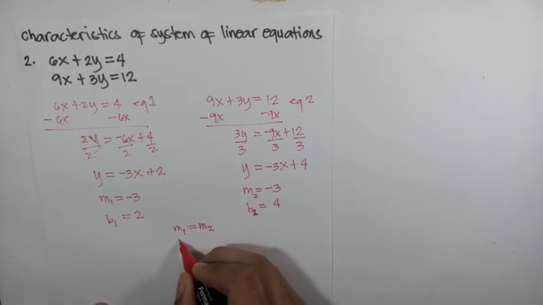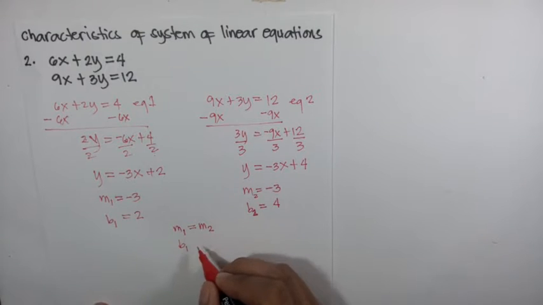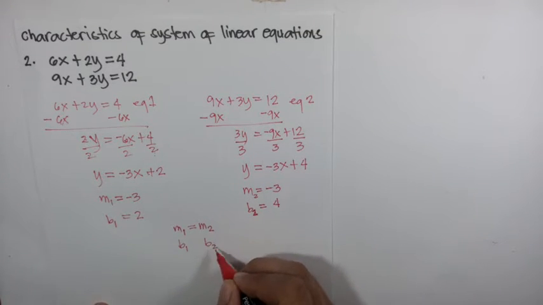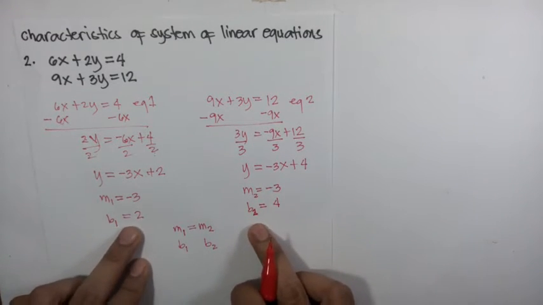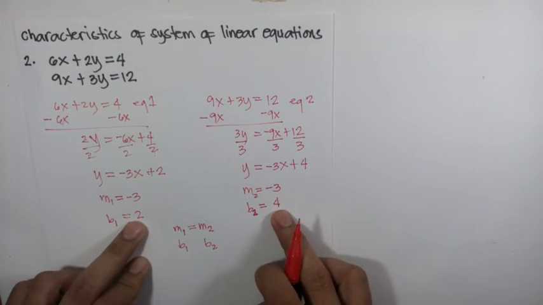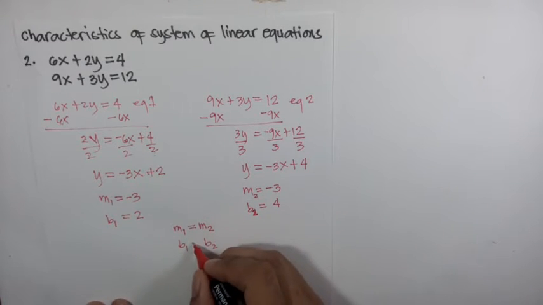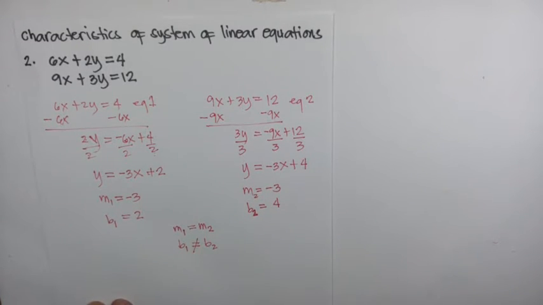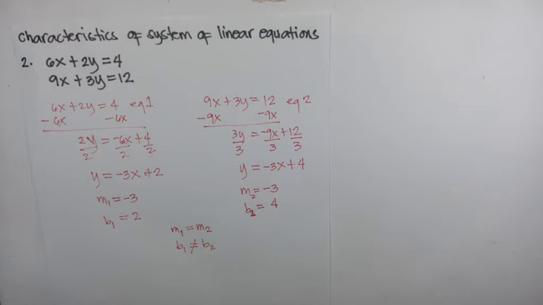But considering the y-intercept, the first is 2 and the y-intercept of the second equation is 4. So definitely they are not equal, meaning it is 100% parallel lines.